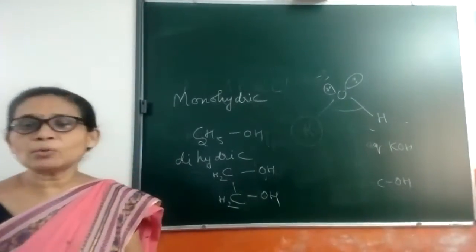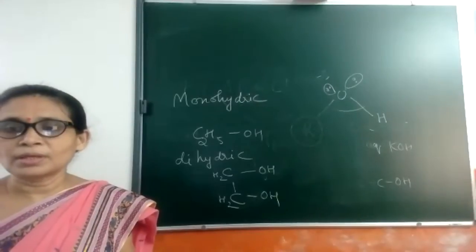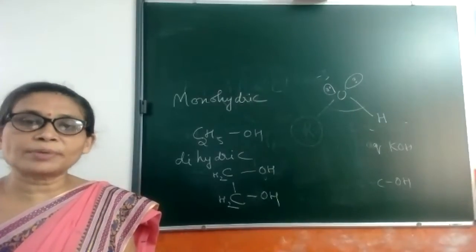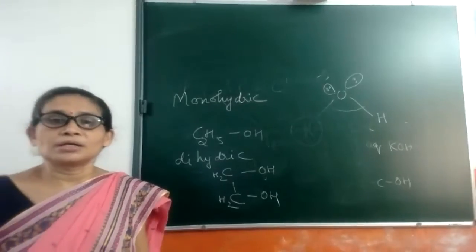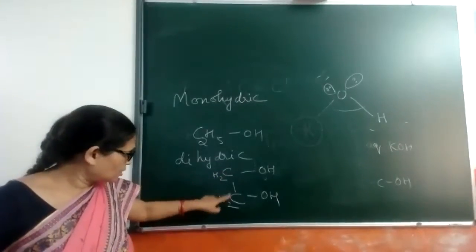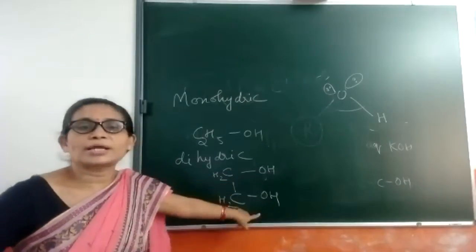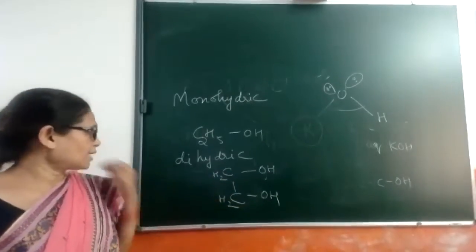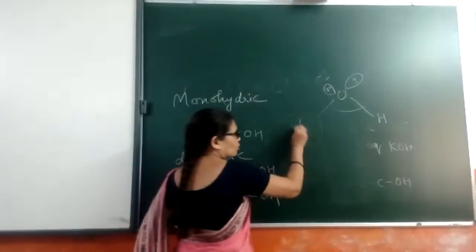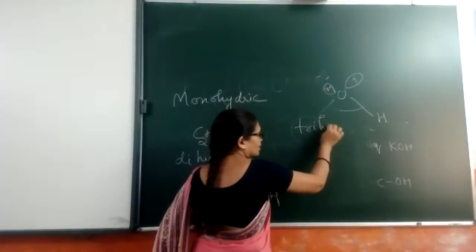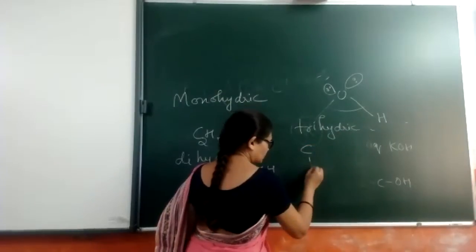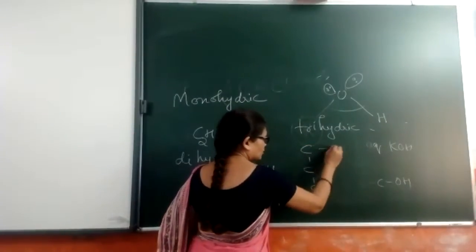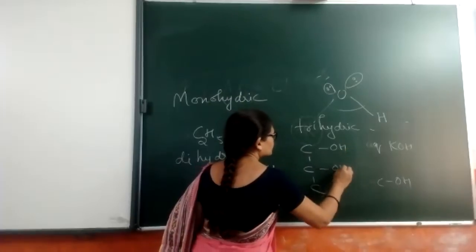Ethane 1,2 diol. In ethane, the last E will not be there because the functional group starts with a vowel. So it is ethane 1,2 diol. And if there are 3 alcoholic groups, then it is trihydric. The common one is 3 carbons with which group?